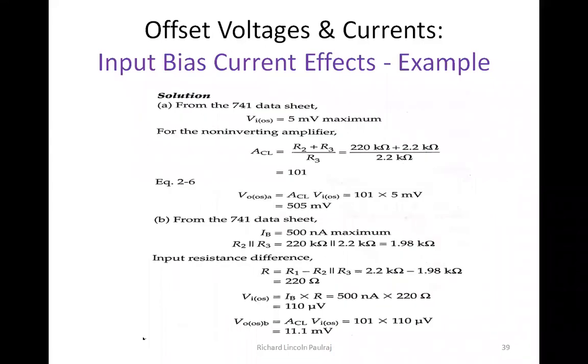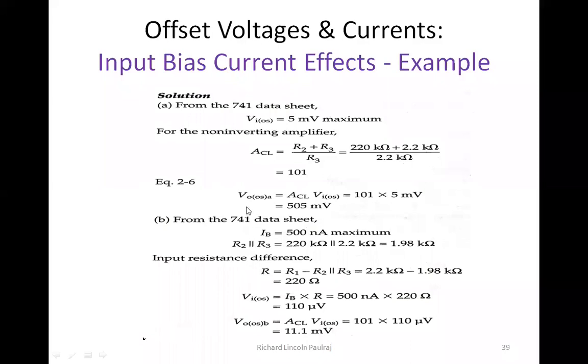Fine. So we need some data here, and from the data sheet, this is not given. The 5 millivolt, which is the input offset voltage, is not given. This kind of data will probably be given in the question, or sometimes you will be told to assume. As I always tell you, the first thing that you can do is write down the formula.